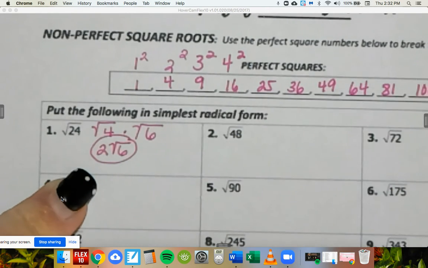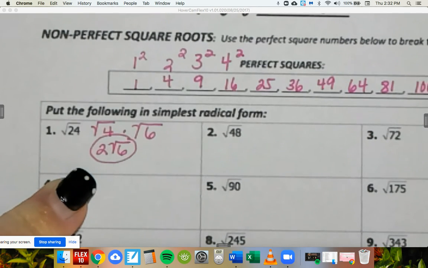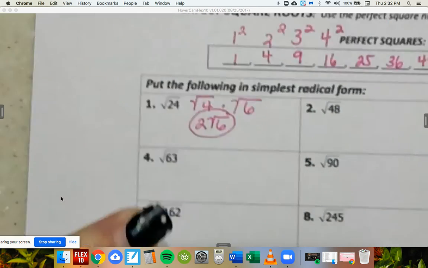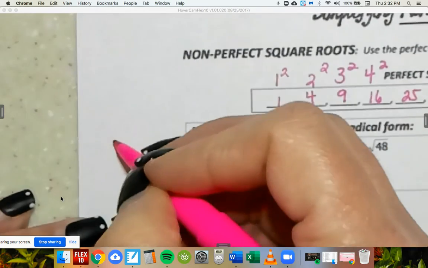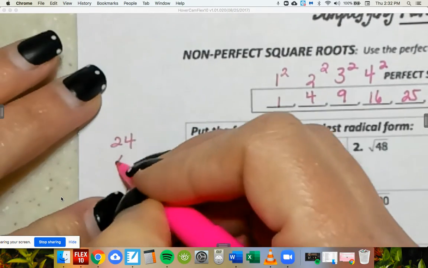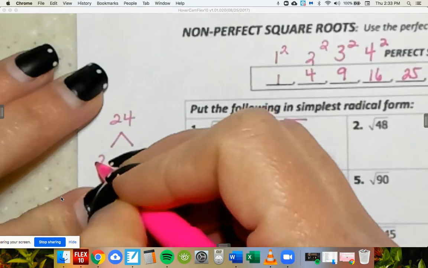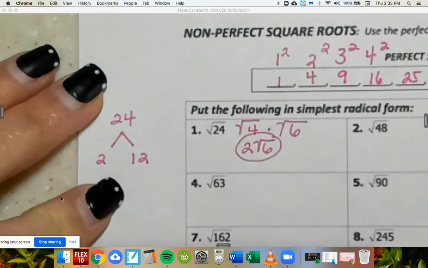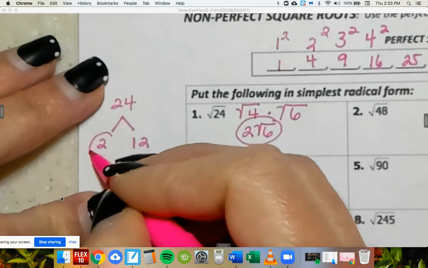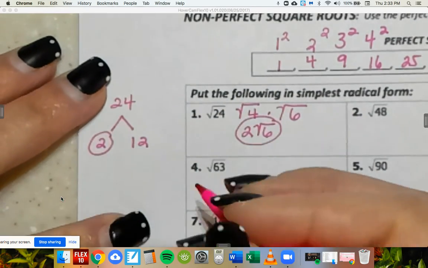But I also told you I was going to show you a way to use prime factoring. And that might come in handy when we get into some of these bigger numbers. Let me show you. Remember prime factoring, where you take 24 and you break it down into two numbers that multiply to get 24, like 2 and 12, right? Remember breaking numbers down? That's a dead end because that's a prime number.